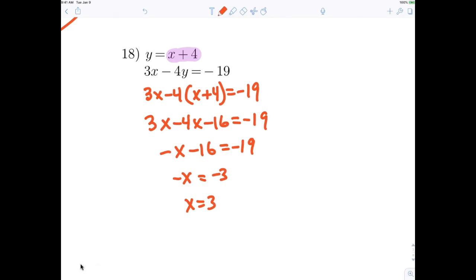So x is equal to 3. Just put it in the garbage. So we agree x equals 3? Yes. If x equals 3, just plug it in. Look how simple that one is.